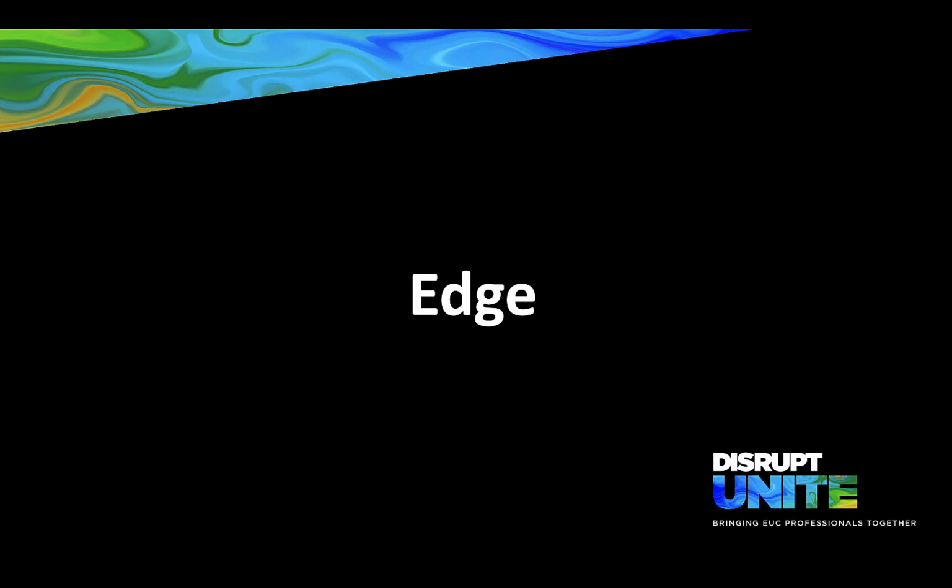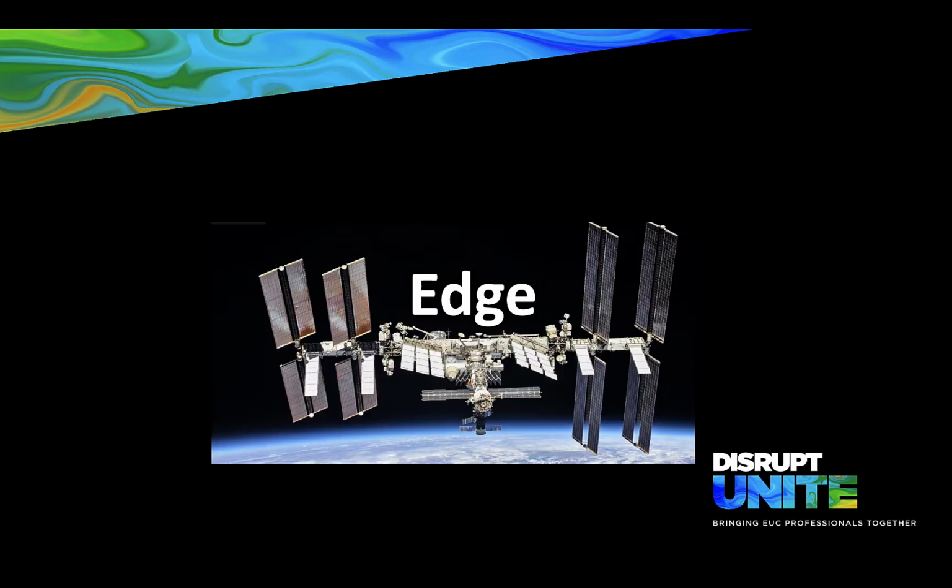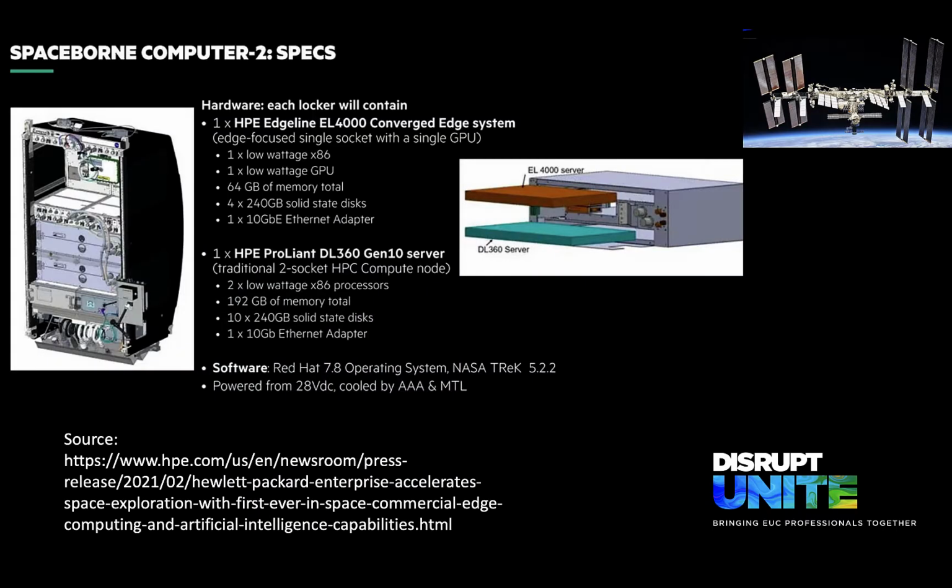All right. So Edge. What is Edge? This Edge can be used anywhere. HPE says it's typically used where it's not just a server room, but it can be anywhere. It can even go to space. So this week, here in February 2021, HPE, together with NASA, sent out the next generation Spaceborne Computer-2, which helps accelerate space exploration.